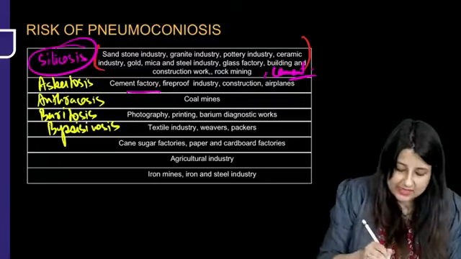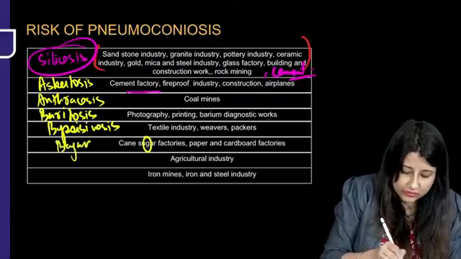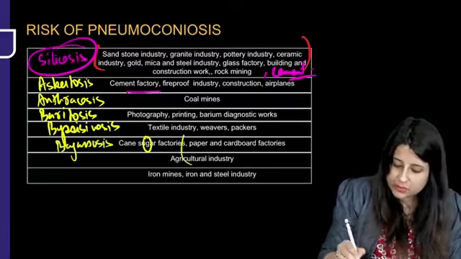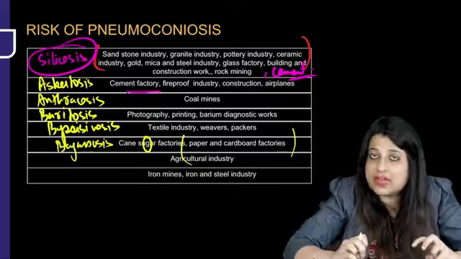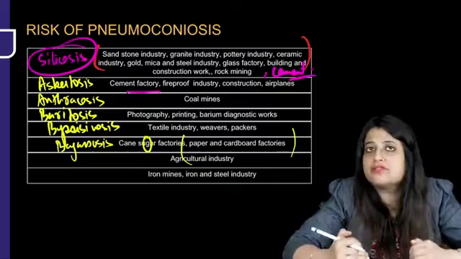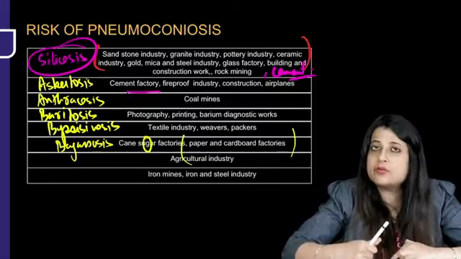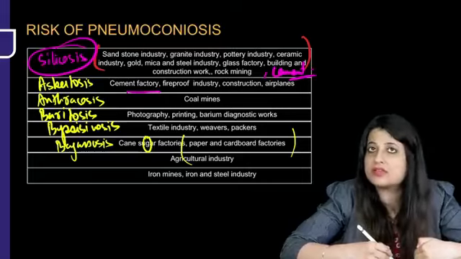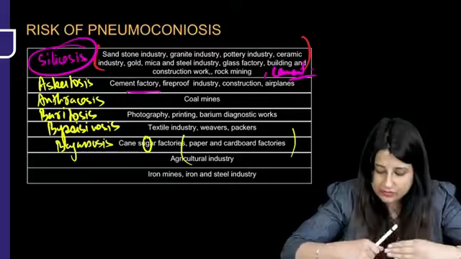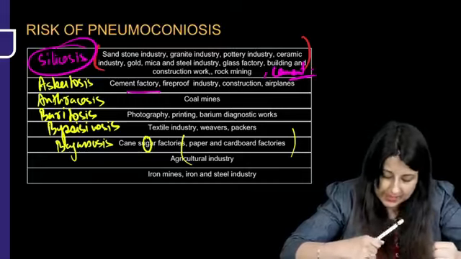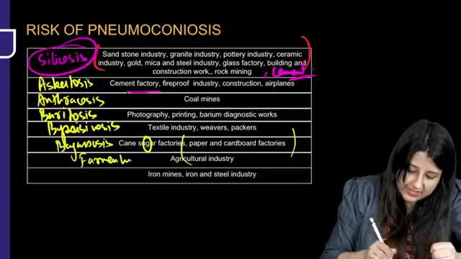Sugarcane factories lead to bagasosis. Also working in paper and cardboard factories, because the fibrous residues from sugarcane factories are used in paper and cardboard factories, puts us at risk of bagasosis. Agricultural industry, of course, is farmer's lung, grain dust and moldy hay.